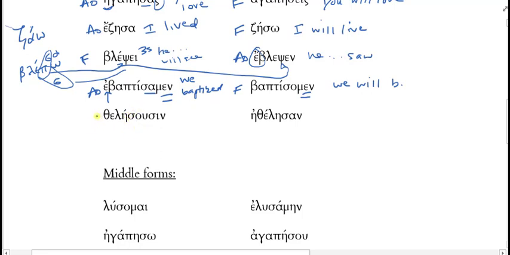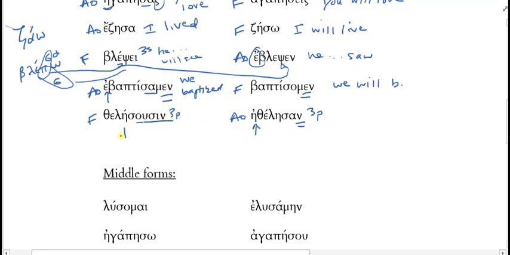Thelesusin, future or aorist? Future. Compare that with ethelesan. That's aorist. Augment here, right? No augment here. How am I going to translate this? What person is usin? Yeah, in the primary endings, it's third plural in the active. Here, ethelesan with a new ending, that is also third plural, but it's secondary, not primary active.